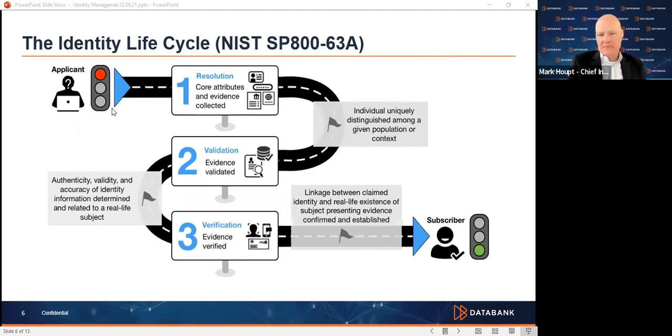This graphic here has been pulled from NIST 800-63 Revision A. So I'm not reinventing the wheel here. I'm showing you where you can go and find literally a book of additional information on this effort. But let's walk through this life cycle that exists for identity management.